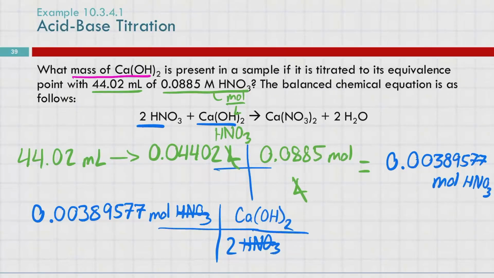So this will give us the moles of calcium hydroxide, and we want mass. How do we go from moles to mass? Molar mass. So we'll have to calculate our molar mass.